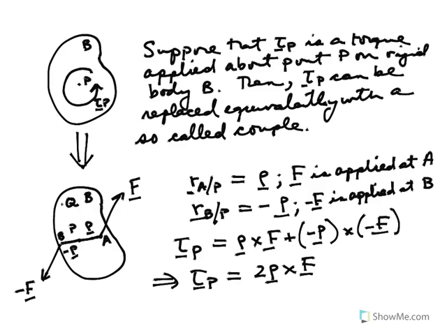Now suppose that we decide we're going to move to another point on the body Q. So let Q be another point on B. Then what we want to know is the torque relative to point Q due to the couple.